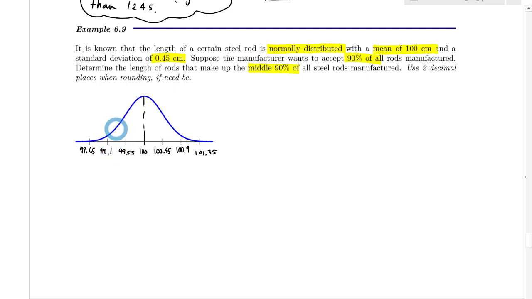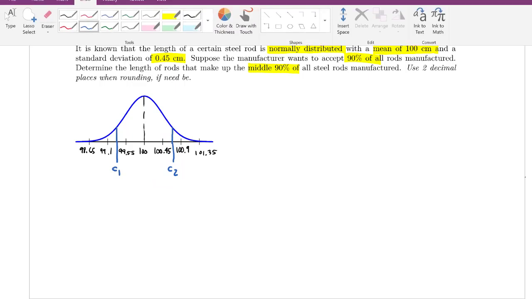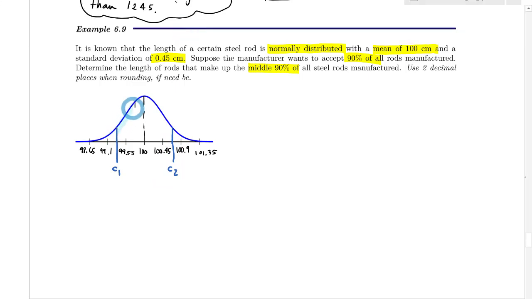So let me draw the barrier. So that means 90 is somewhere between 1 and 2 standard deviations away. So I'm looking for this c1 and a c2, right? I'm looking for 2 c's. And this is the middle 90%.